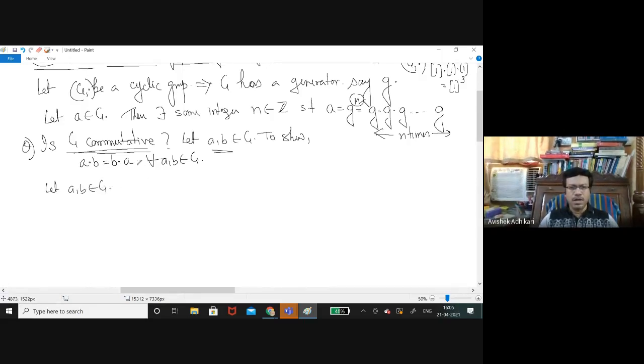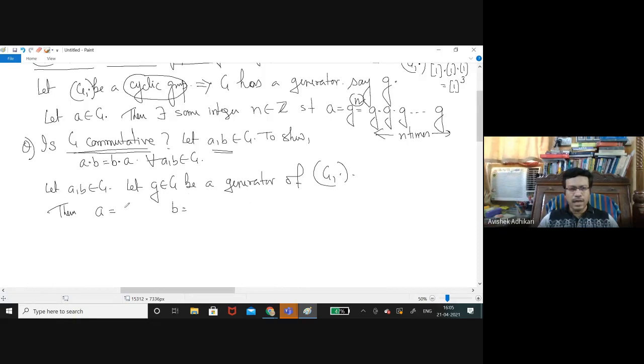Now I know that G is a cyclic group, right? Let g belonging to G be a generator of (G, ·). Then I can write a in terms of g and b in terms of g.